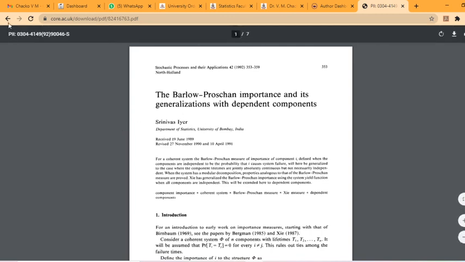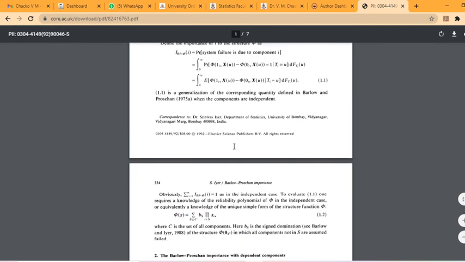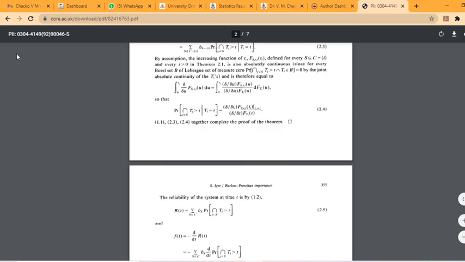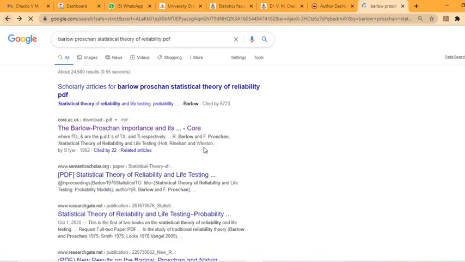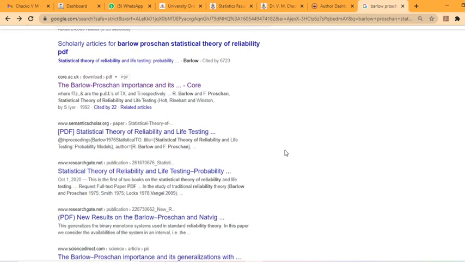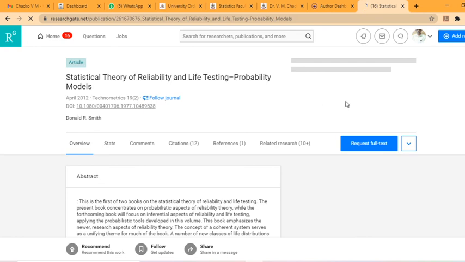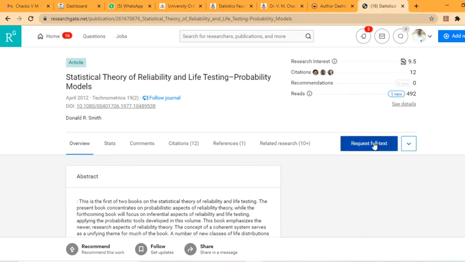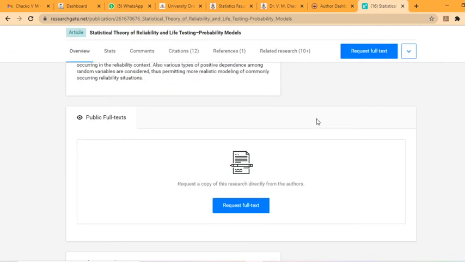No, it is only a publication. If you want, you can look at this publication too, because all the ideas are mentioned there. Yeah, this is that book, and I don't know whether this is downloadable or not.